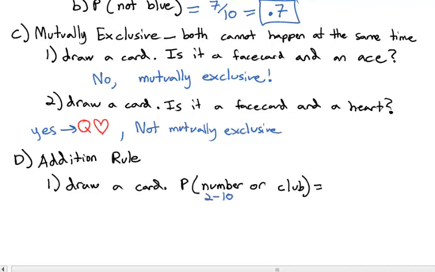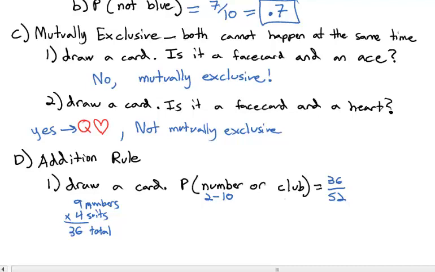The ace, Jack, Queen, King are not technically numbers. So there's 2, 3, 4, 5, 6, 7, 8, 9, 10. There's 9 numbers in 4 suits, so 9 times 4, there are 36 total. So there are 36 out of the 52 cards that are numbers.